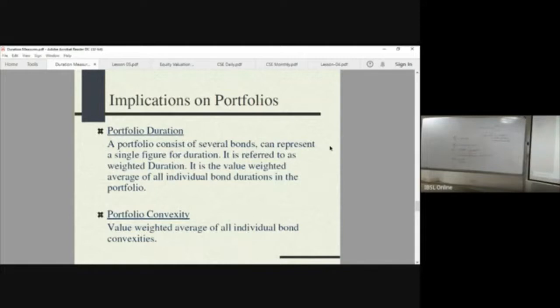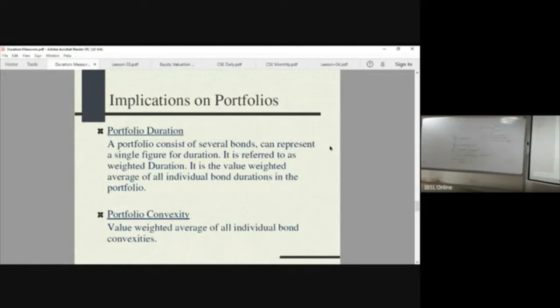So what is the concept called portfolio duration? Portfolio duration means you need to look at each bond which is in the portfolio, the duration of each bond. And you have to see the value of the bond and its weight in the portfolio. For example, say I have taken two bonds in the portfolio.